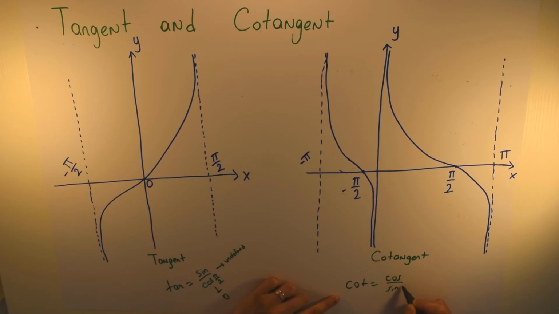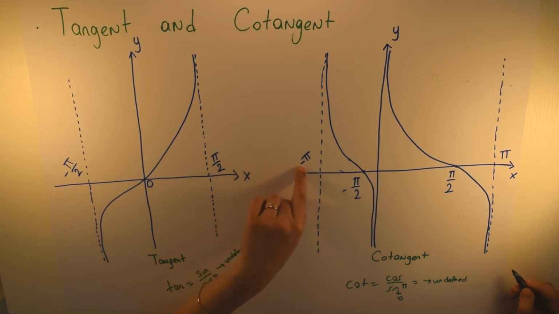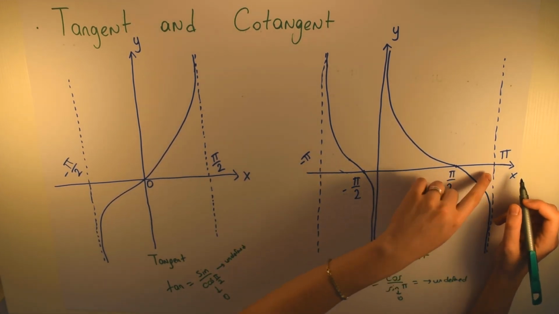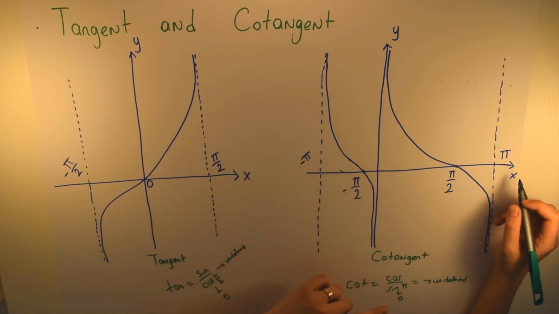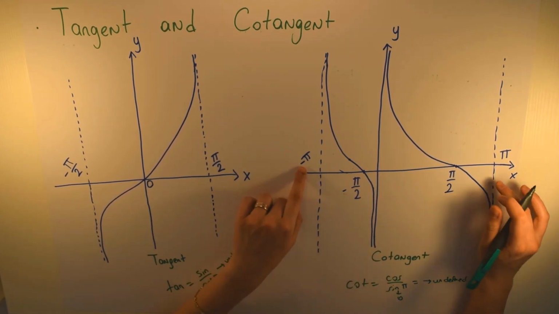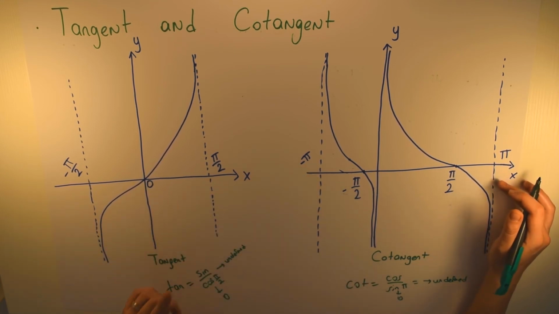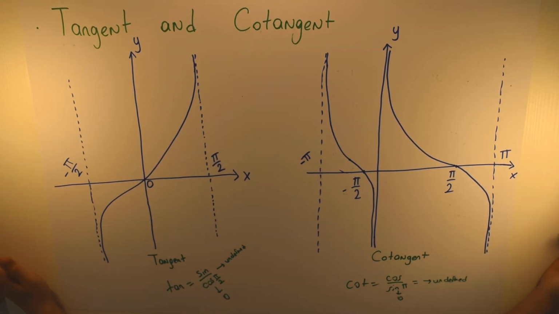Sine pi is equal to 0, and a number over 0 is undefined. So at negative pi and positive pi, cotangent is undefined, and it means that at these points the cotangent function does not have any limits. So you should know these two bullet points.